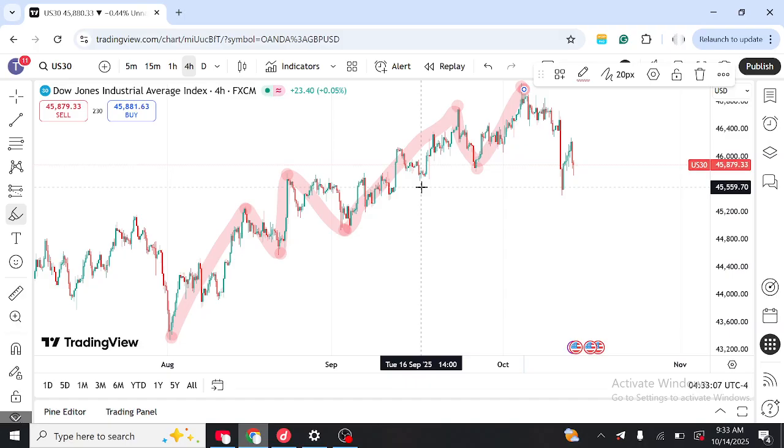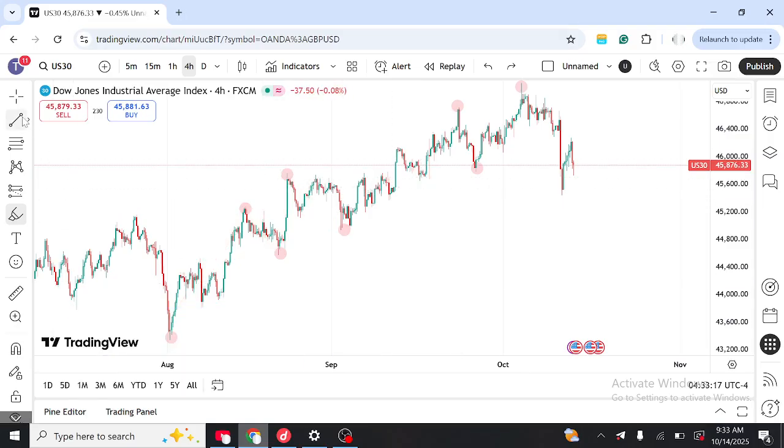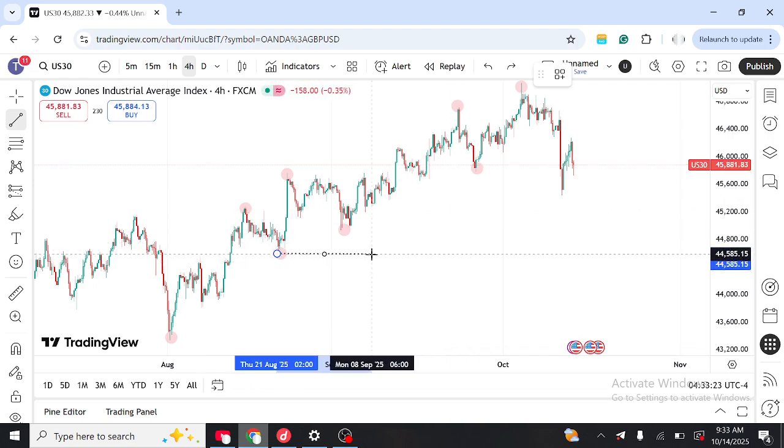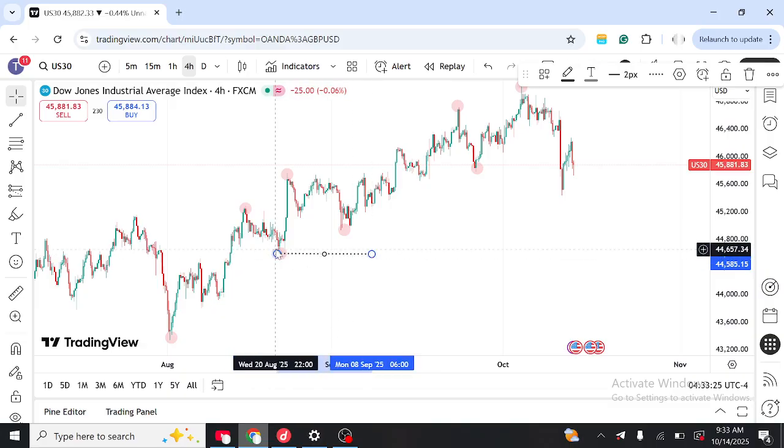So we are going to identify our highs and lows now, from what I just did. So I'm going to clear some of the things that I have done. Now I'm going to come here, and you can see here is my low. That is my low. Now, when price was pushing to the upside, there is another high on the left hand side.